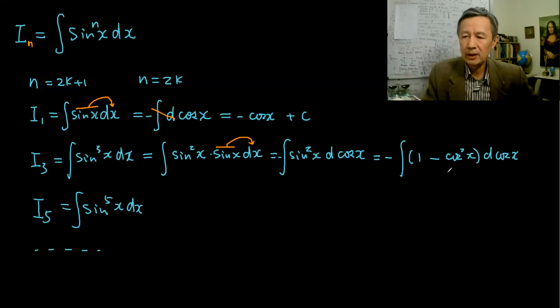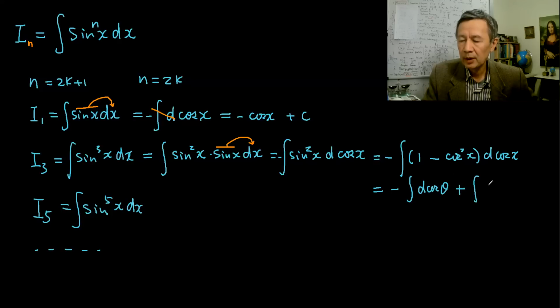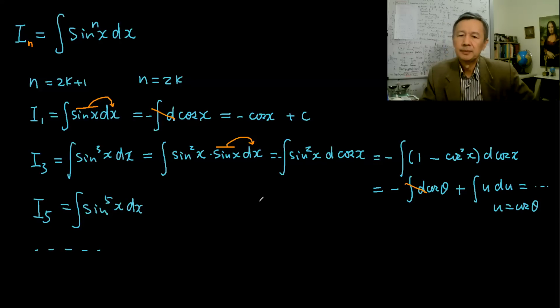If you wish, you can continue: negative, negative becomes positive. I use a new variable here, du, where u equals cosine x. So the rest is rather simple. I will stop here. Basically, you can cancel these two operations. So it is relatively simple so far.